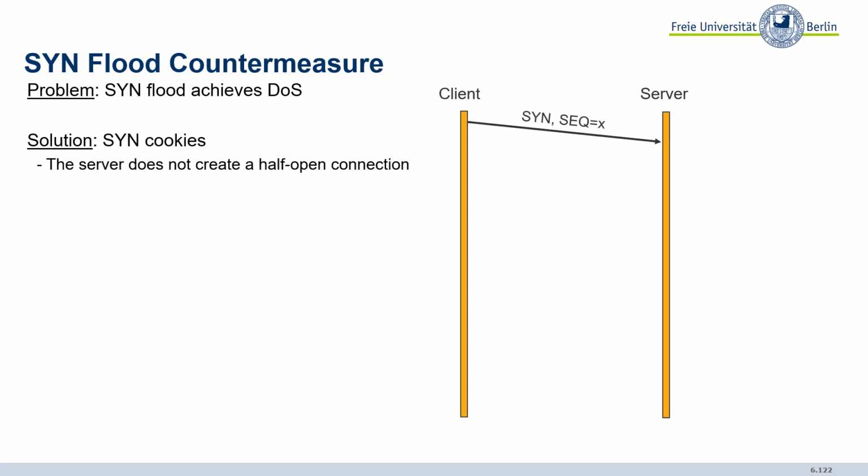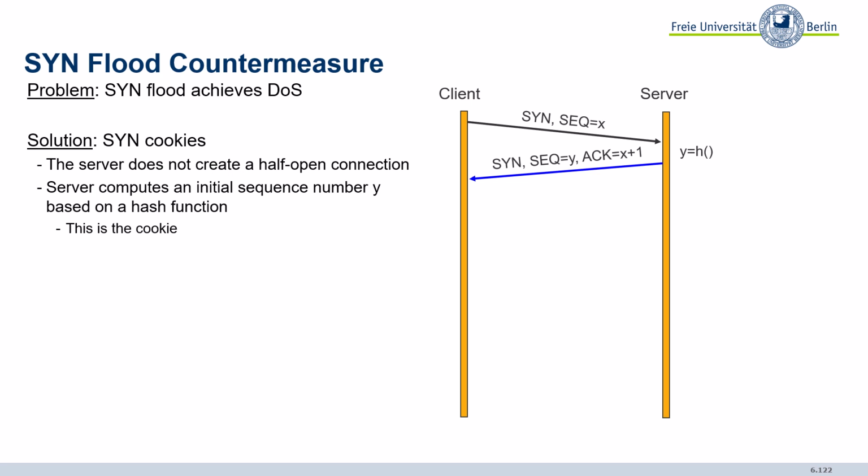The idea is we do not create a half-open connection. We simply don't do this. All we do is compute an initial sequence number y based on a hash function. And this is then our cookie.